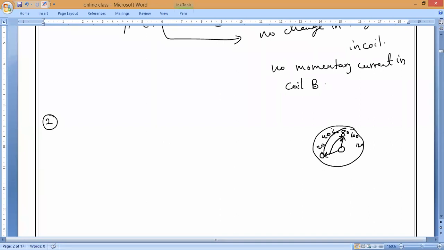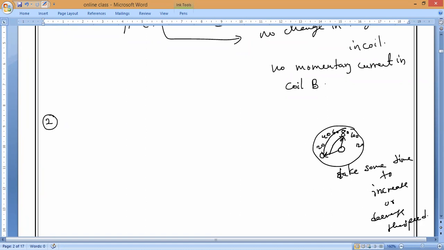Will it come within a second, or will it take some time? Definitely it will take some time. So whether increasing speed or decreasing speed, it will take some time.